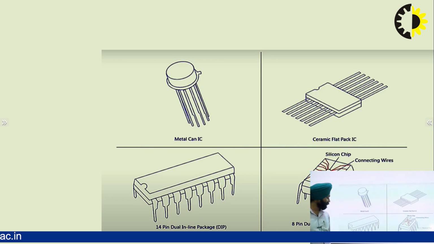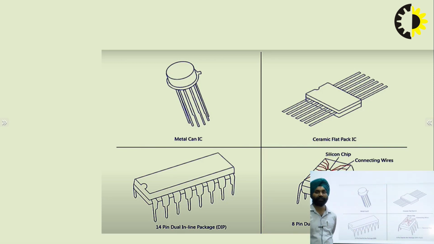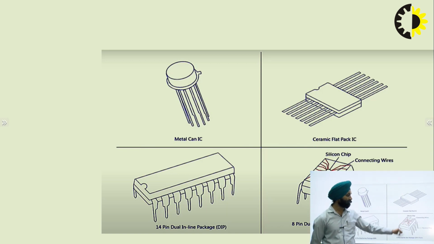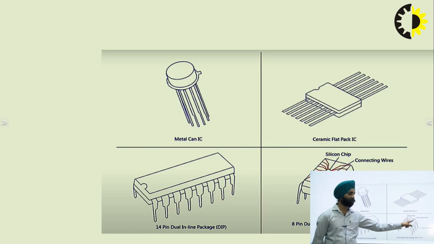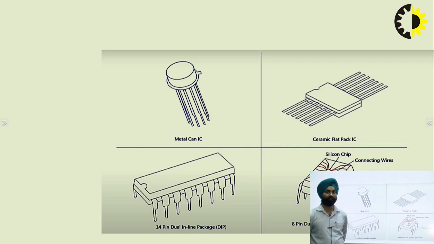We can have a base where we can put these DIP ICs. For example, all the ICs that we see in our lab experiments are generally DIPs. This DIP has a small chip inside, and all the wires shown here are taken from that chip for the connection with the external lumped circuits.